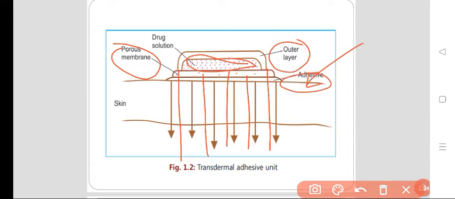Below that there is an adhesive layer. This adhesive layer will stick to your skin, and from that the drug will get absorbed through the epidermis, dermis, then hypodermis, and then the blood vessels, and from the blood vessels it will get absorbed into the body where it is required.